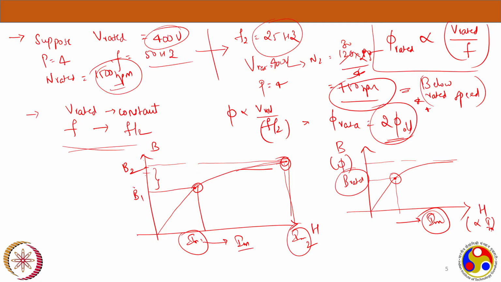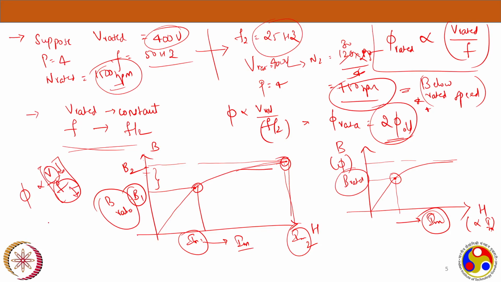I want to operate my machine always at this B rated only. So this ratio V by F should be constant. Even if F goes down, I will reduce the voltage so that I can have this ratio the same.